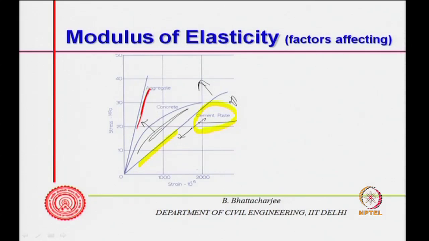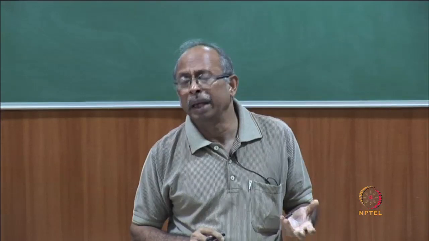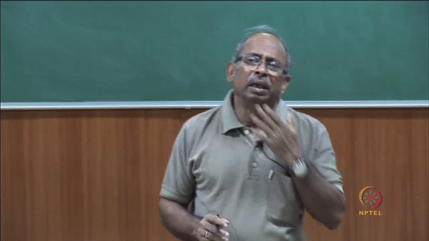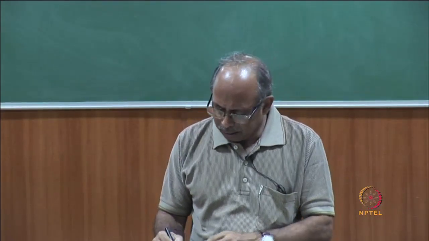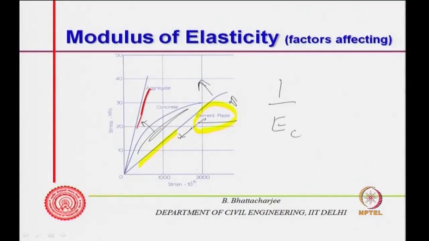So, it depends upon both the paste modulus of elasticity and the modulus of elasticity of aggregate. One can think in terms of the range, which will be something like 1 by E of concrete equals the proportion of aggregate divided by E of aggregate, plus 1 minus P aggregate, that is the proportion of paste, divided by E of paste.